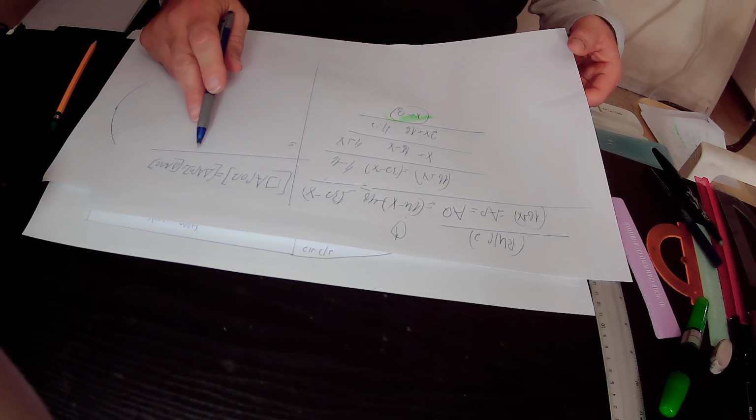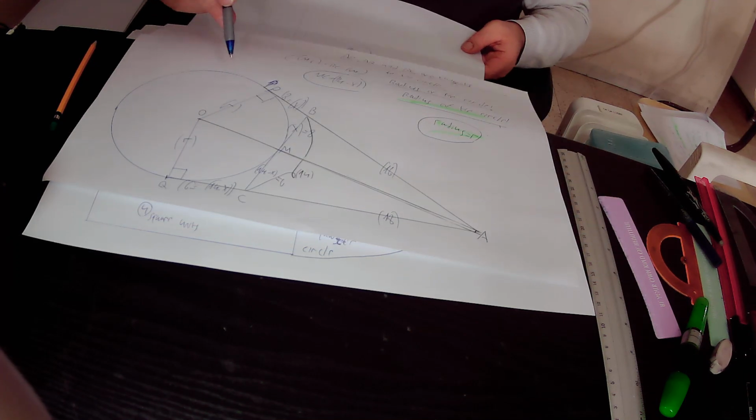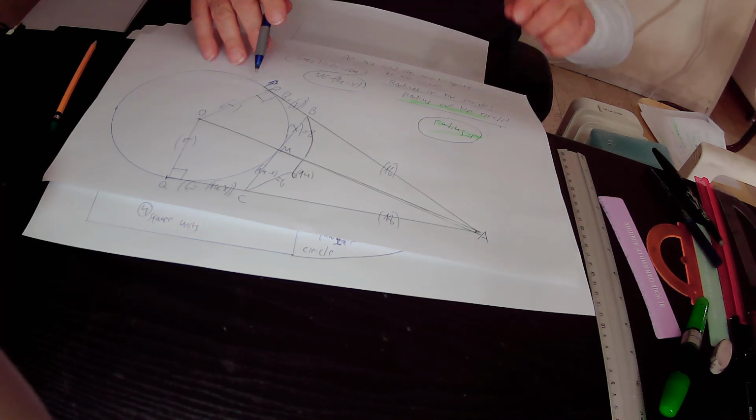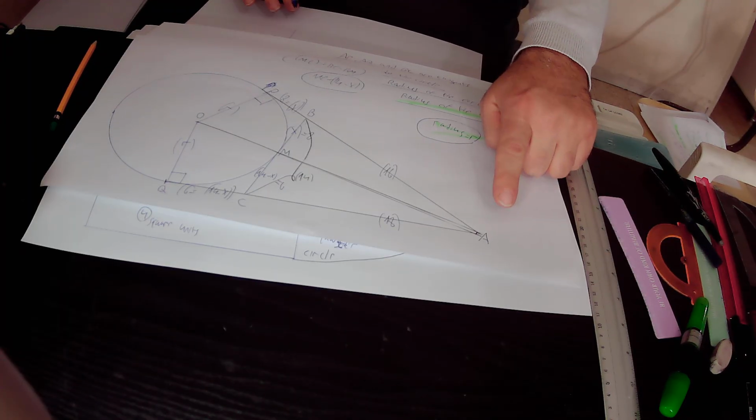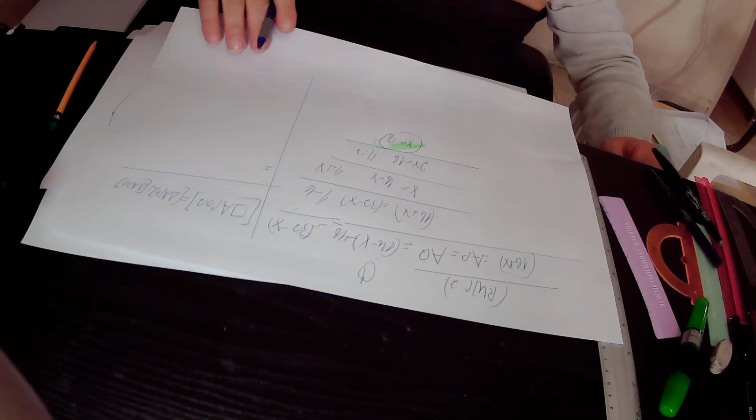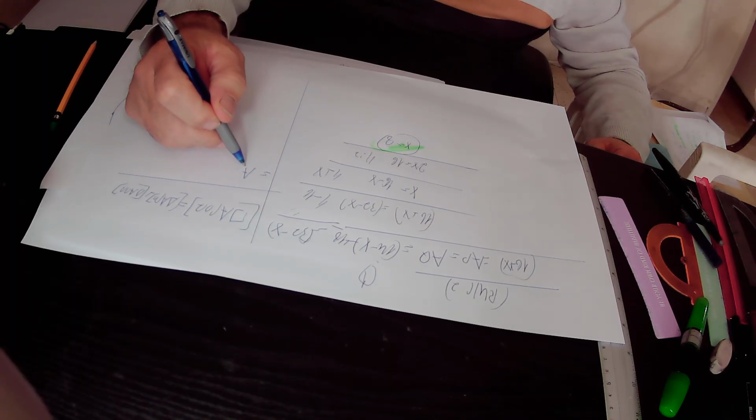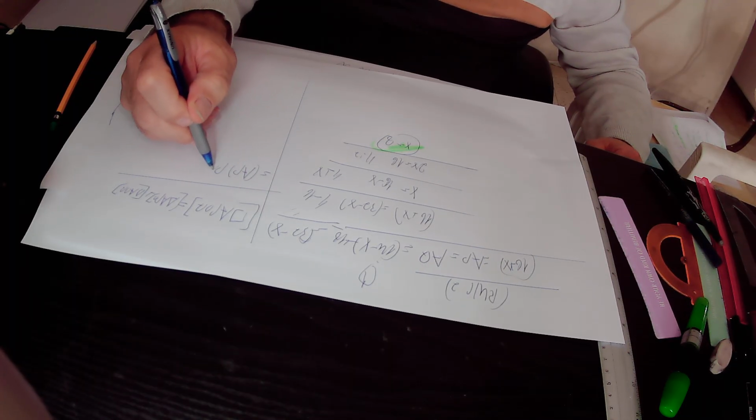What is the area of the upper right triangle APO? It equals the base AP times the height PO over 2.